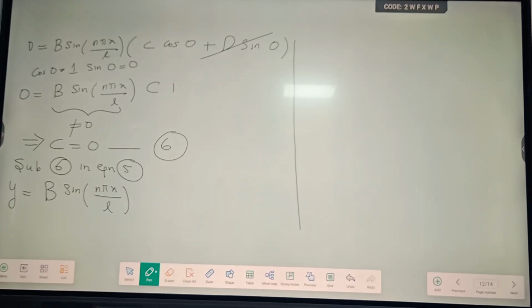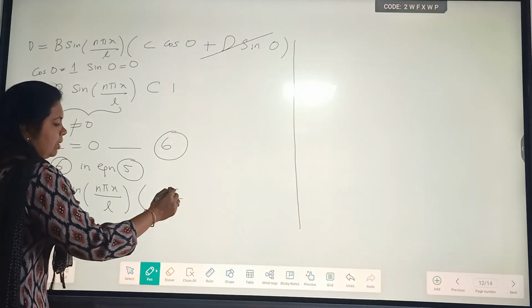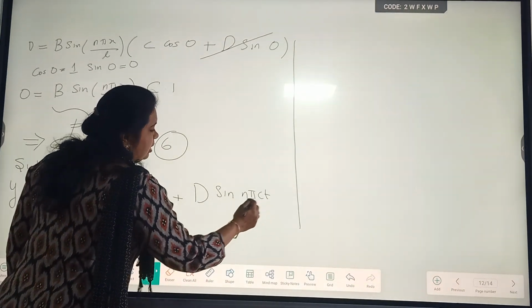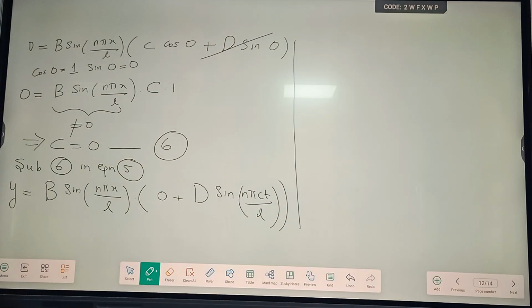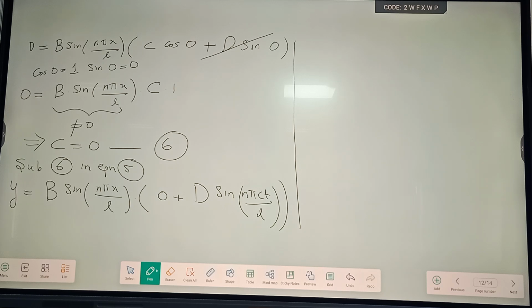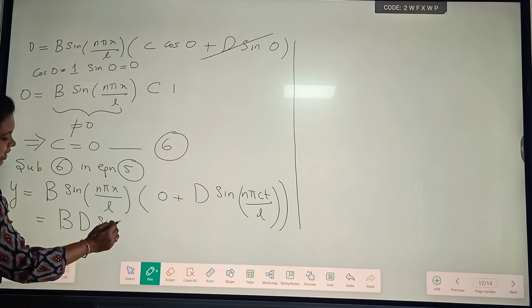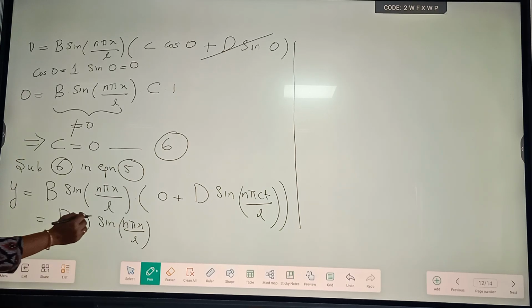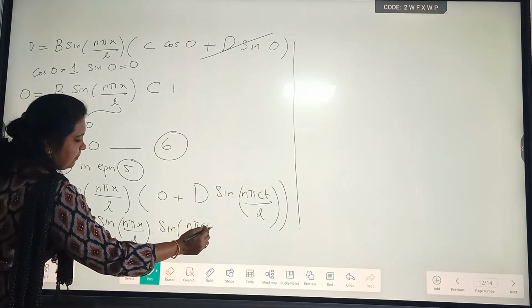Now my C value is 0. So what am I getting? 0 plus B sin n pi ct by l, which is nothing but B into D sin n pi x by L sin n pi ct by L.